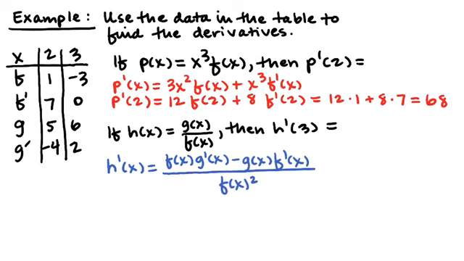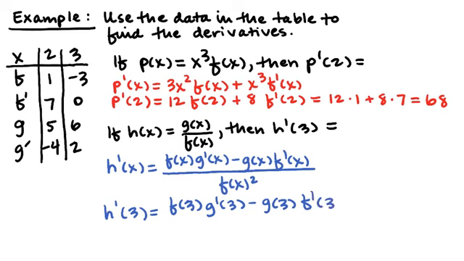Okay, well, that means that h prime of 3 is going to be f of 3 g prime of 3 minus g of 3 f prime of 3 divided by f of 3 squared.